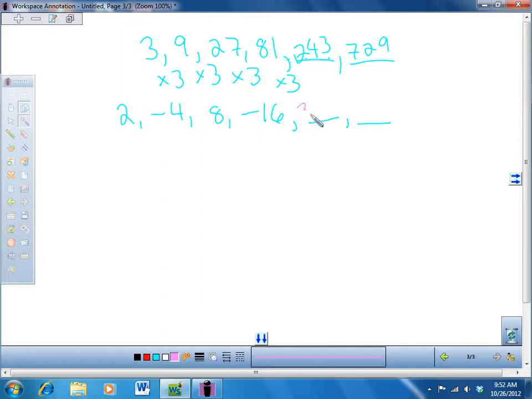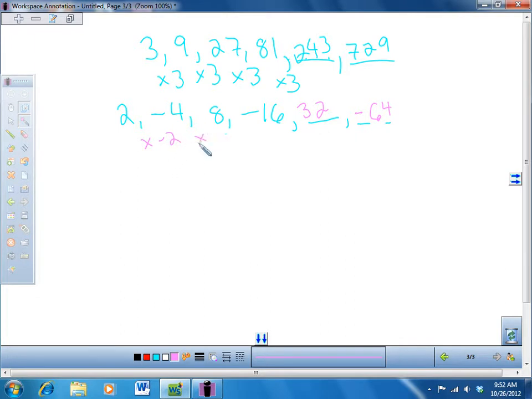Positive 32. What comes next? Negative 64. Nice. So this one is negative 64. So we're multiplying by negative 2. That means times by negative 2.